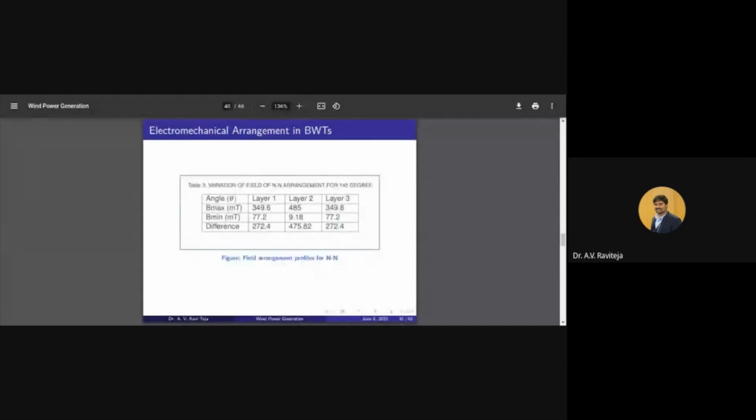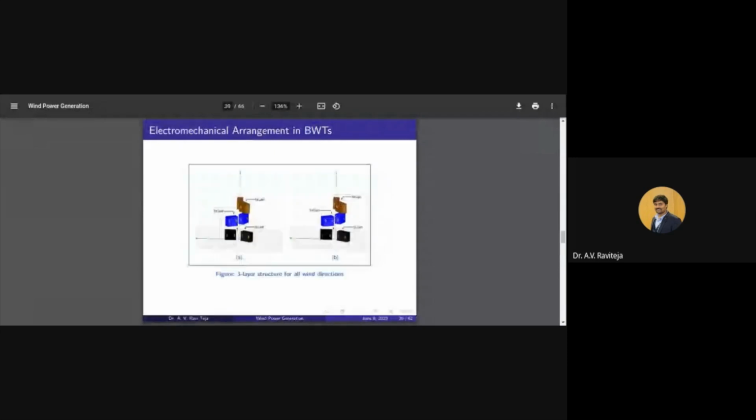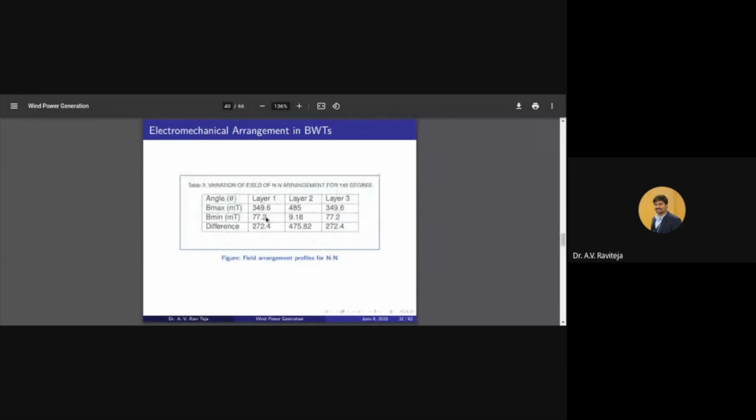Okay. So for the 145-degree layers, layer 1, 2, 3, I will have a flux change if I have north to north and north to south. If I make the first layer north, second layer north, at 120 degrees, then I have more flux change.